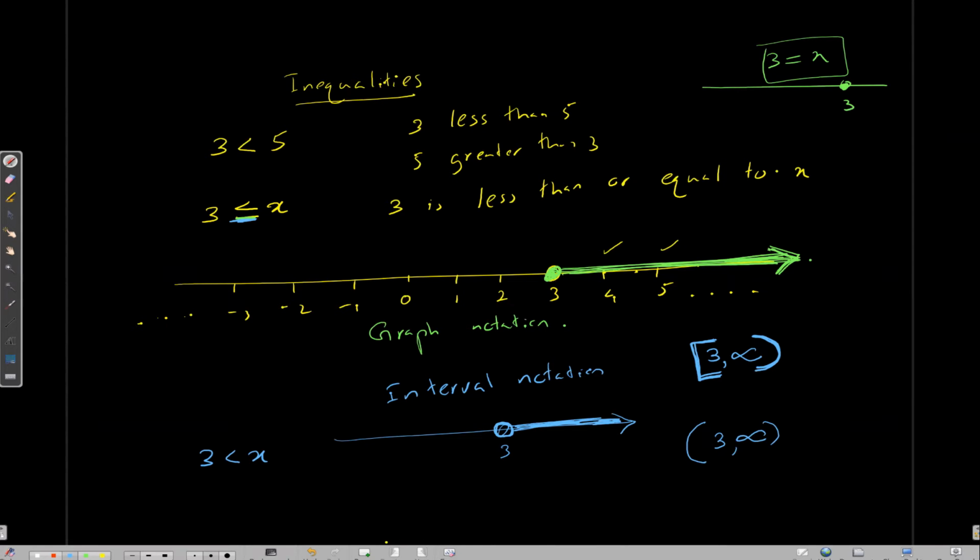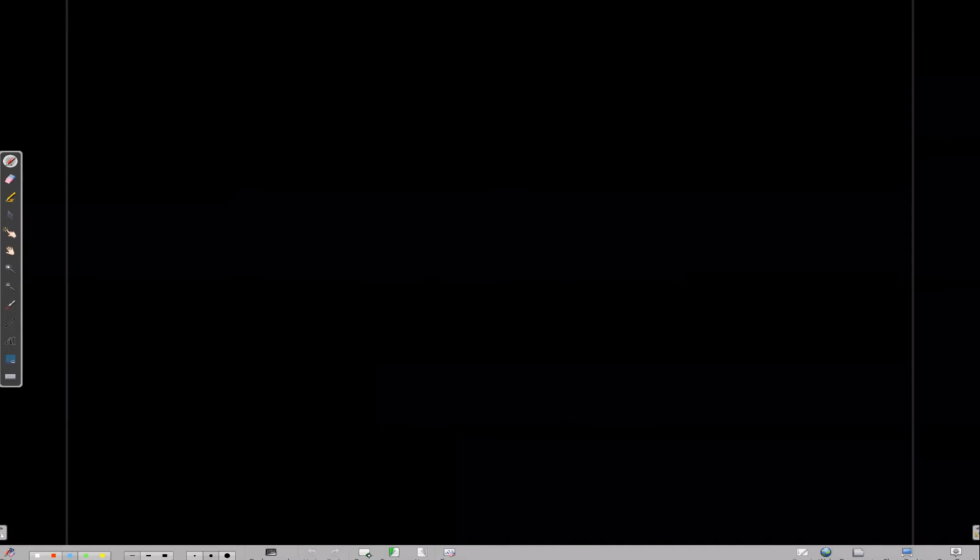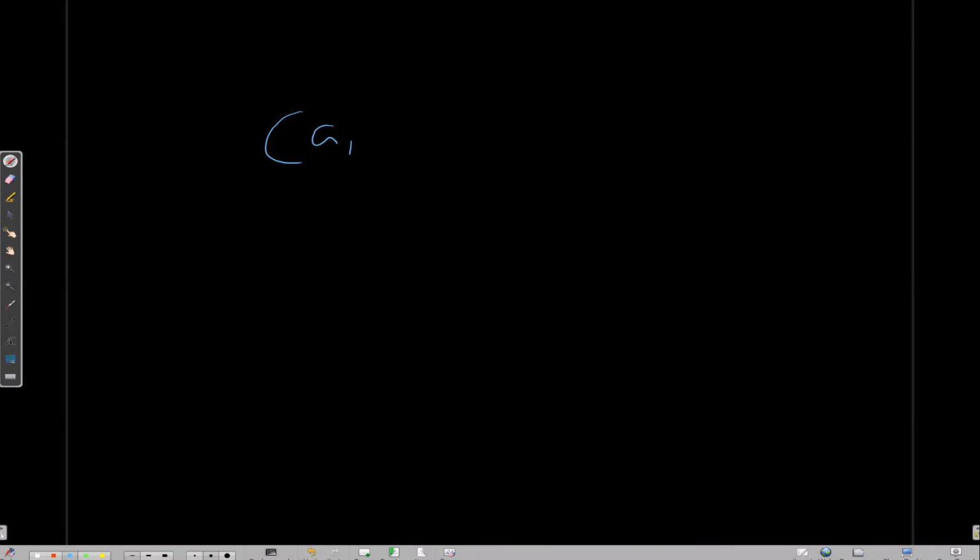Open parentheses. So this is a good time to talk a little bit about parentheses. So if you had (A, B), this means everything in between A and B, but not those endpoints.